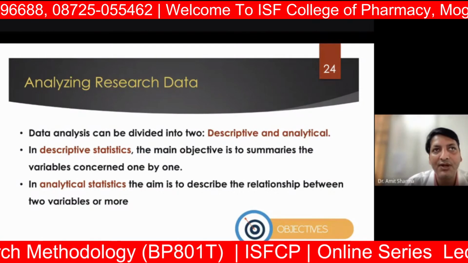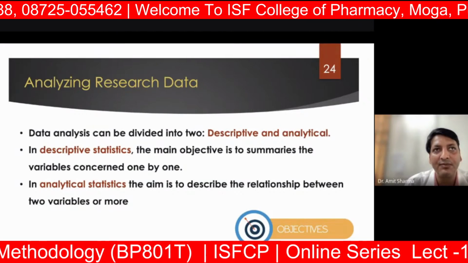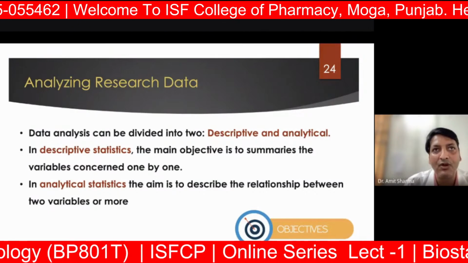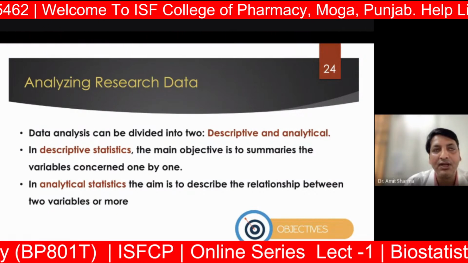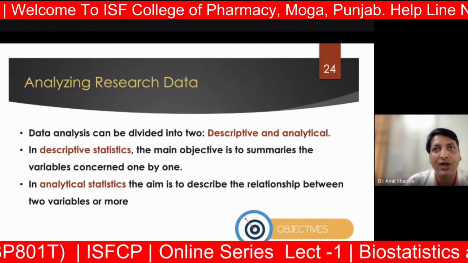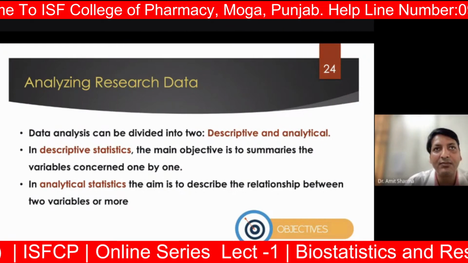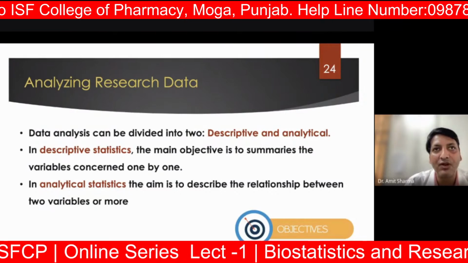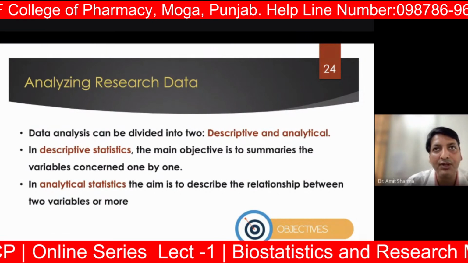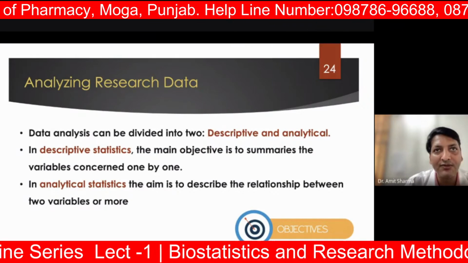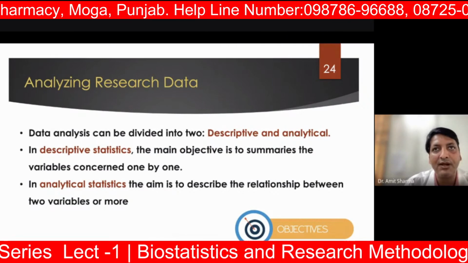All 3 drugs are antihypertensive. For example, one is an ACE inhibitor, second is a beta blocker, and third is a calcium channel blocker. Either the ACE inhibitor is better, or the beta blocker is better, or the calcium channel blocker is better. You want to find this out with a small research. So all three drugs will be called the independent variable.